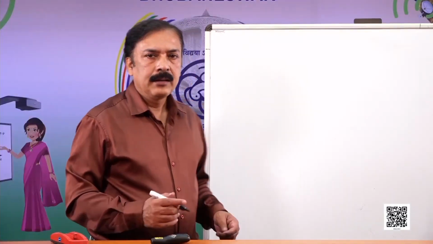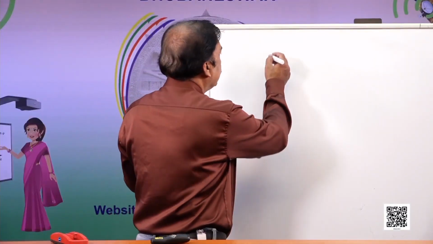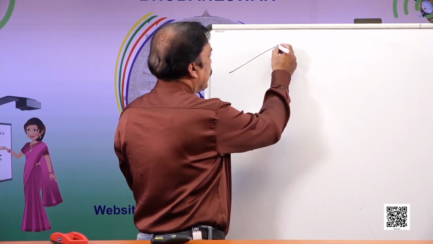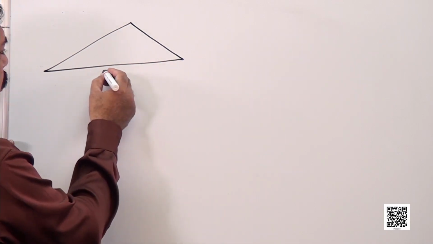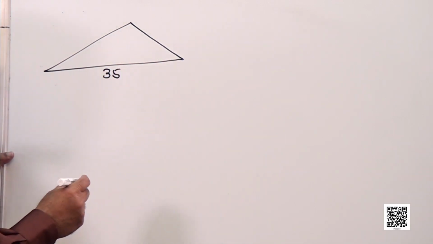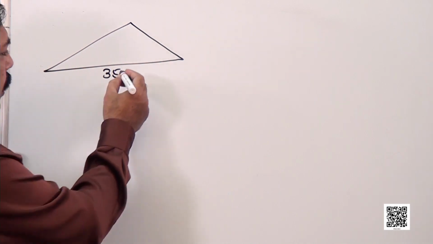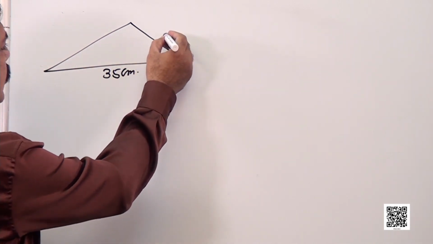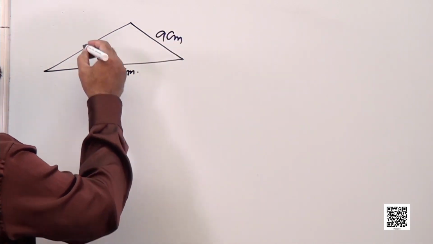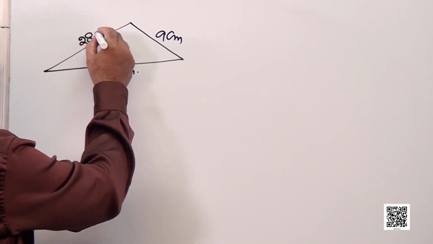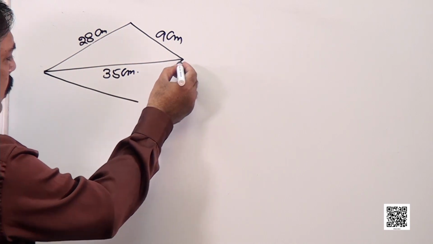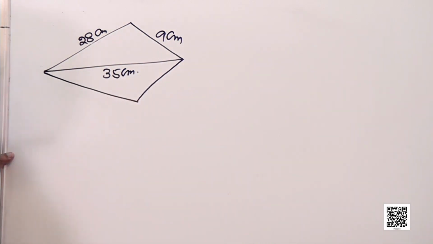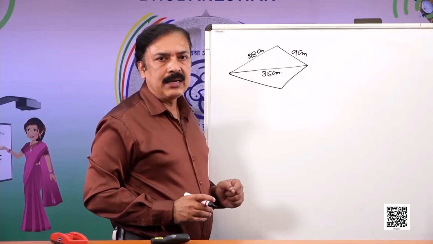Let's see, the design of each triangle is like this, where this one is 35 centimeter, this is 9 centimeter, and this part is 28 centimeter. So this completes one petal of the floral design.